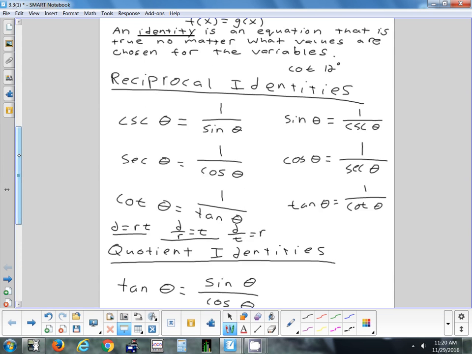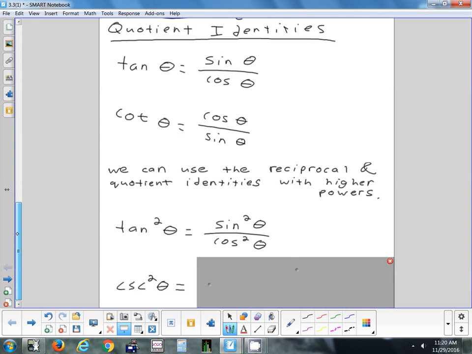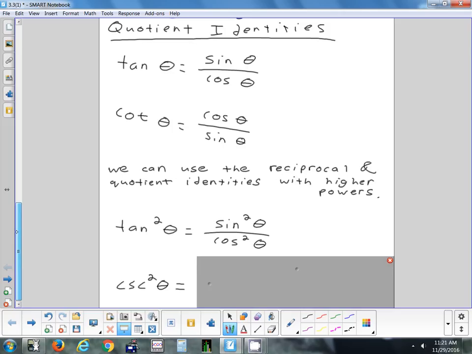Now, let's look at cosecant. Cosecant is 1 over sine. So what do you think cosecant squared is? Yeah, it's 1 over sine squared. Cosecant cubed would be 1 over sine cubed. Cosecant to the 50th would be 1 over sine to the 50th.